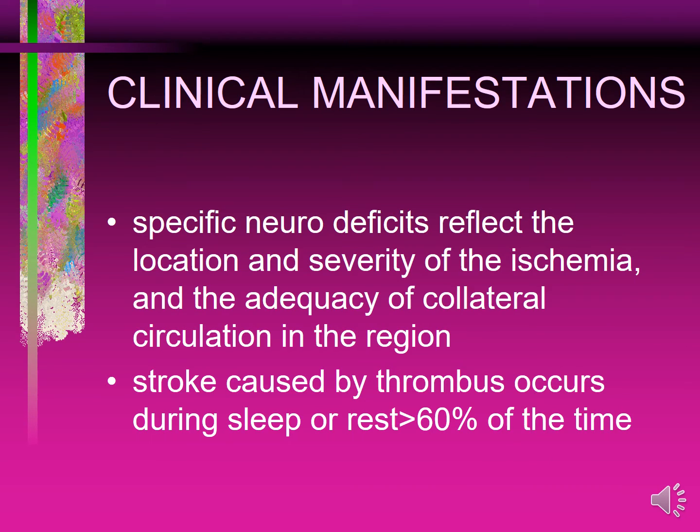So the clinical manifestations of CVAs really can be any neurodeficit, and it really just depends on where the occlusion of a blood vessel in the brain is, how long the ischemia has gone on, and how much collateral circulation you have in that region. This will determine what kind of manifestations you'll have with your stroke.